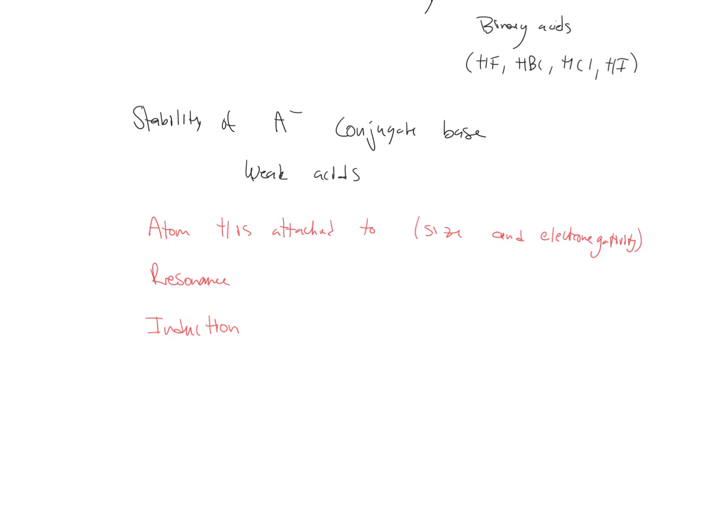So I'd say the biggest thing you should be thinking about is electronegativity in this case, because that really does a lot towards the stability of A minus. But the more stable A minus, the stronger the acid. That's the basic takeaway there.